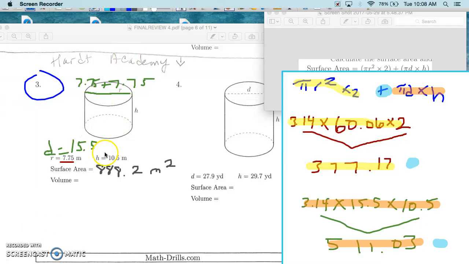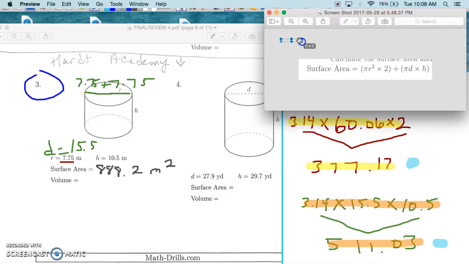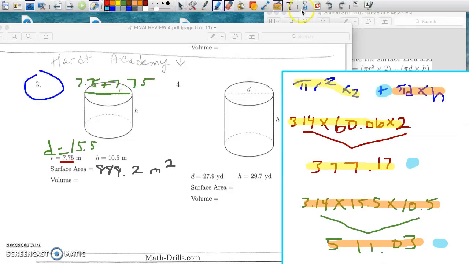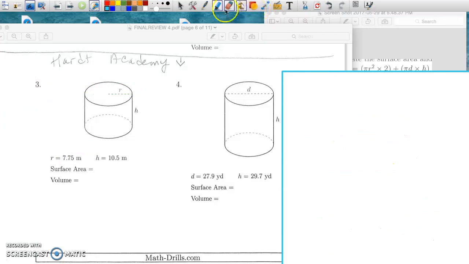I know. So, now I'm going to try this one. Doing the surface area for number 4. Whoops. Dang, all I wanted to do was figure it out. Let me go ahead and rewrite my formula real quick. Here's the formula.